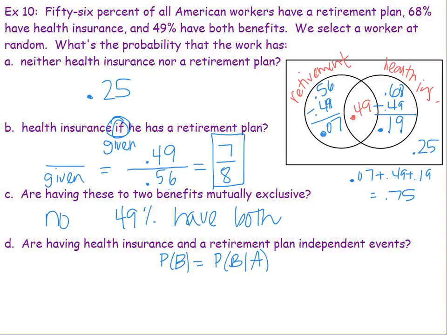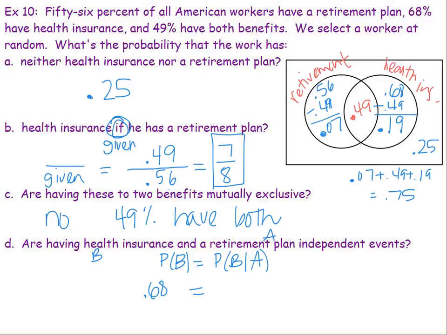So let's let health insurance be the B and retirement plans be the A. So the first half of this, what's the probability that they have health insurance? Health insurance, if you look back at the beginning, was 0.68. That's all we have to do there.